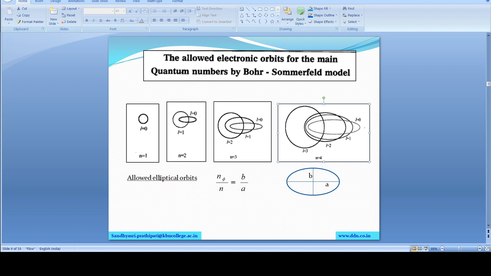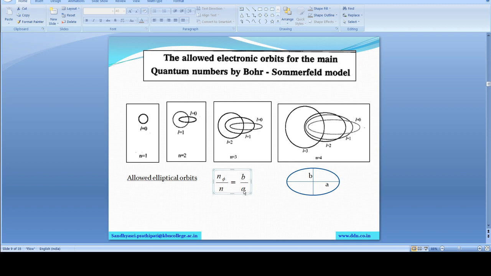There is a condition for allowed elliptical orbits. What is that one? n phi by n is equal to b by a. What is n phi? We have already told here. n phi is azimuthal or transverse quantum number. What is n? n is principal quantum number of Bohr atomic model.